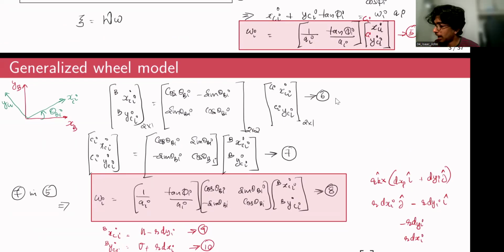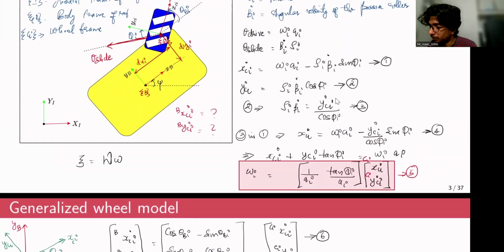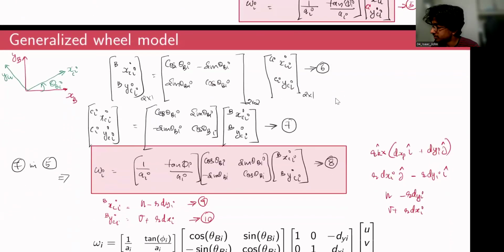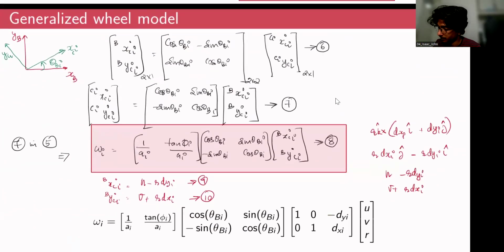But you will have to add this with the u component and v component. The reason is that the mobile robot will have a velocity along the xb axis and yb axis as u and v. So you will have to superimpose that u and v onto this expression, whatever we have obtained from omega cross r.